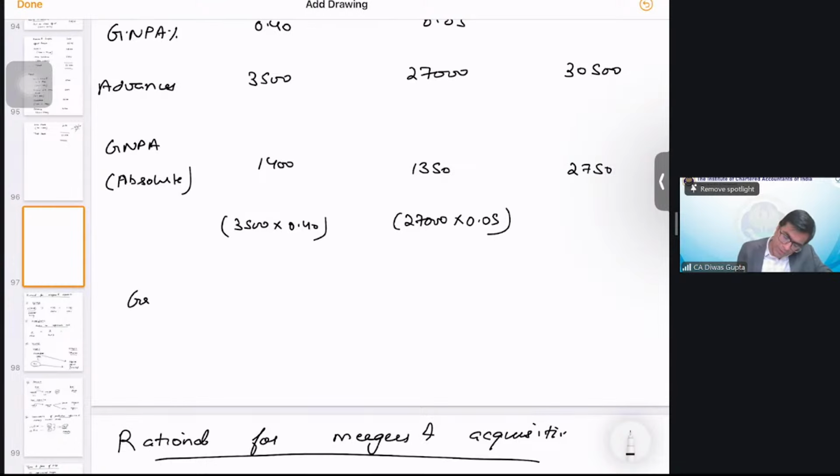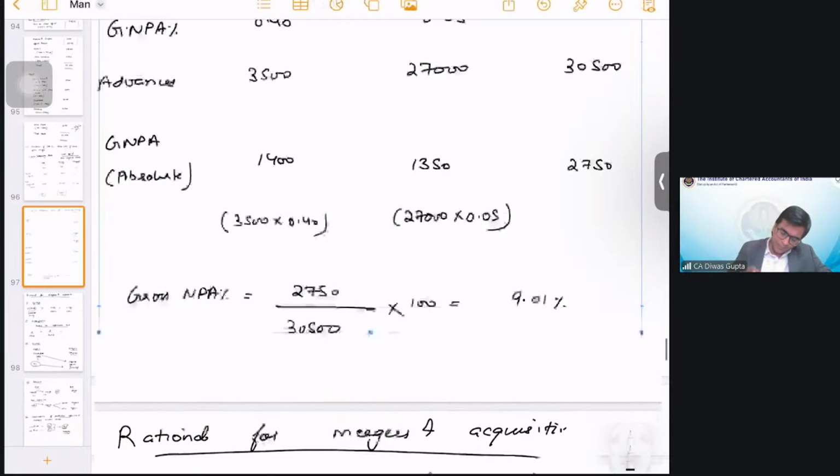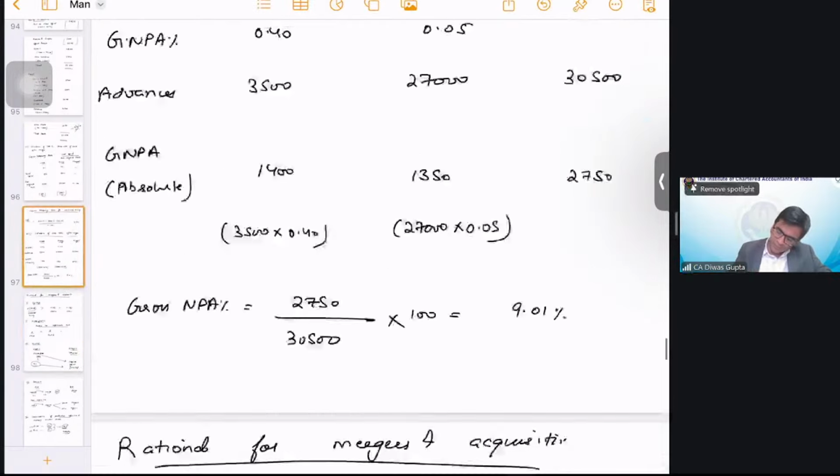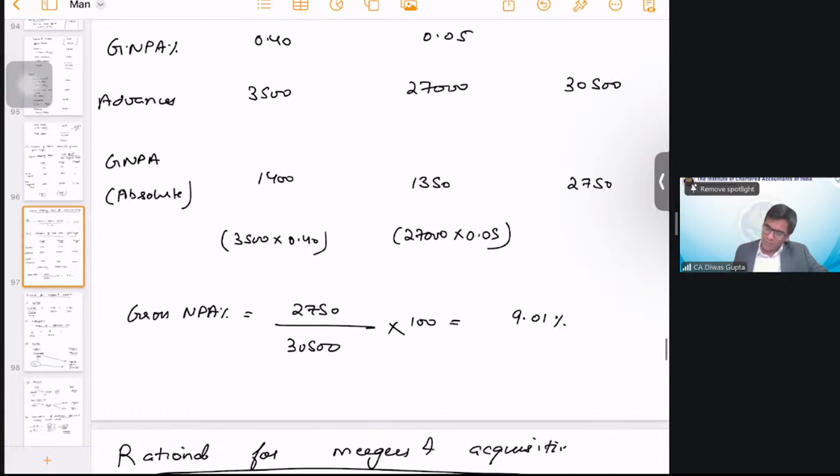the gross NPA percentage is equal to 2750 divided by 30,500 into 100, which is equal to 9.01 percentage. Yes, Saminathan, you're right.